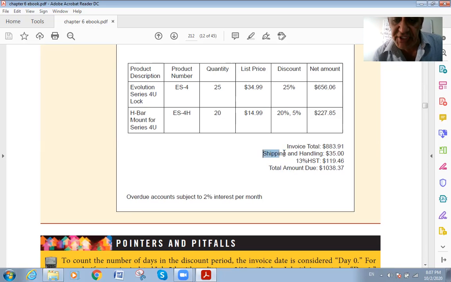So all this is shipping. It's called shipping costs. This is $35. Plus the taxes, the HST, which is 13% taxes on the total amount. So the total amount will be 1,138.37.